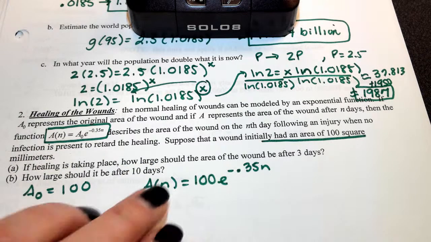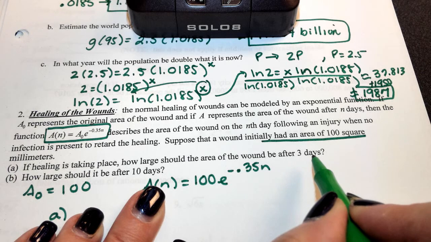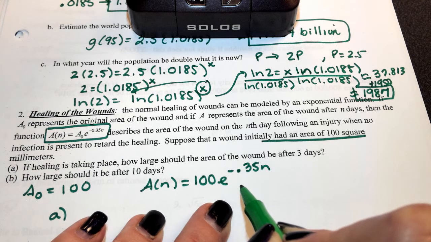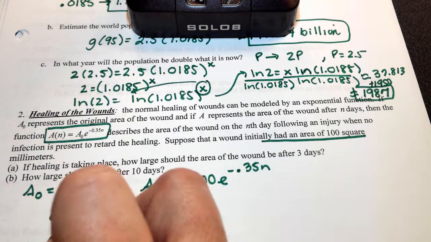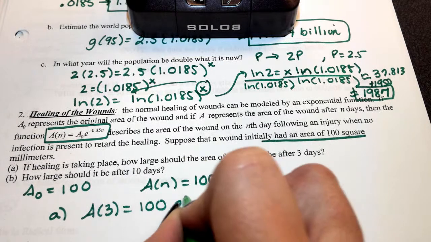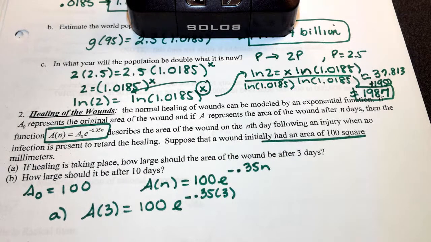If healing is taking place, how large should the area of the wound be after 3 days? So what am I going to plug into this formula then? I'm going to plug in 3 for n. So then A of 3 is going to be equal to 100 times e to the negative 0.35 times 3. Should this number be larger or smaller than 100?